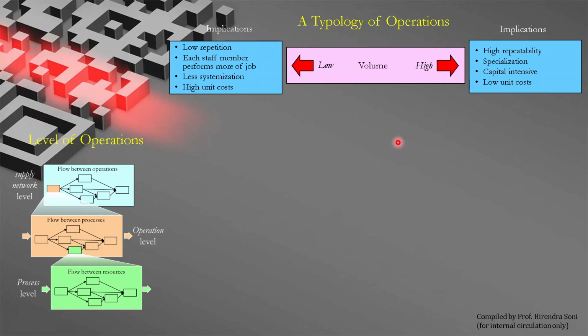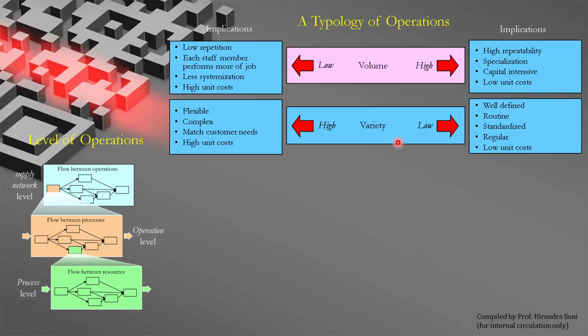But at the same time, when we are talking about a low volume product or low volume operations, the repetitions would be less. Each staff member performs more of a job. That means not specialized in just one area, but more of an all-rounder, with less systematization and high per unit costs.